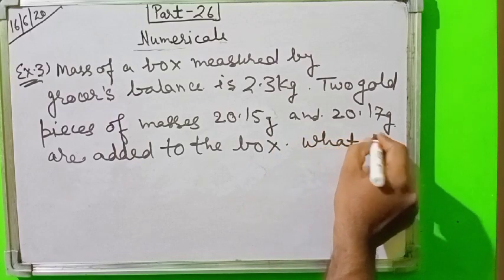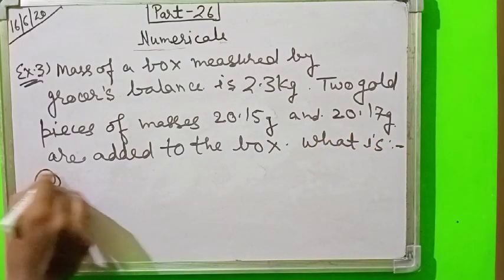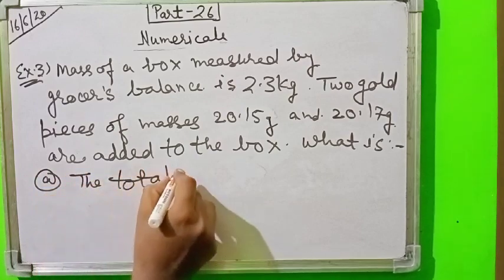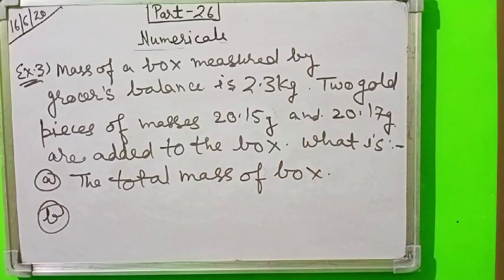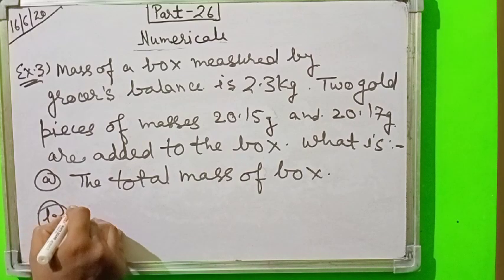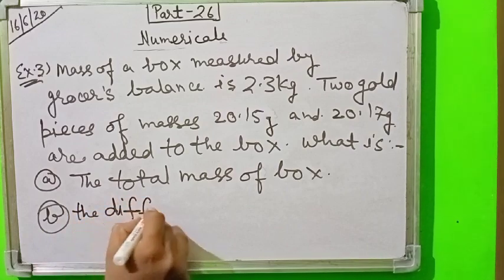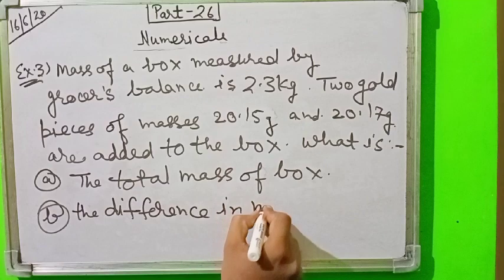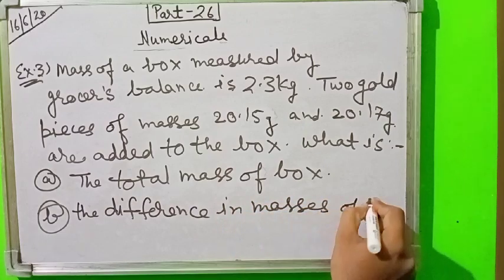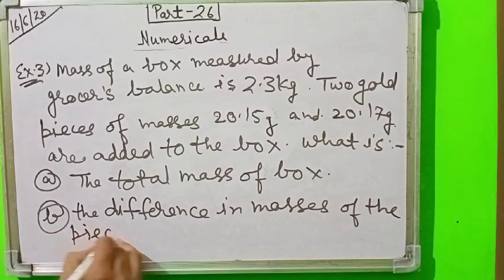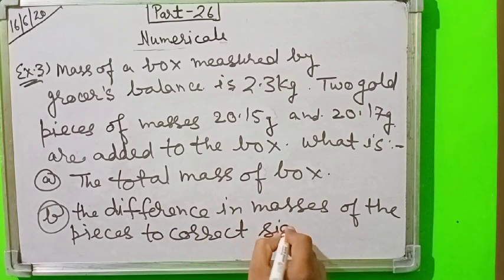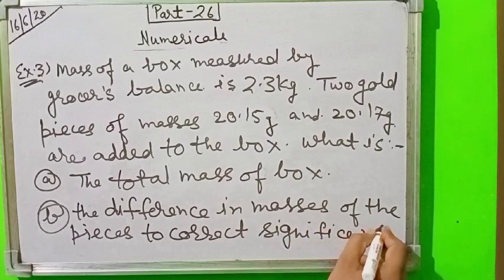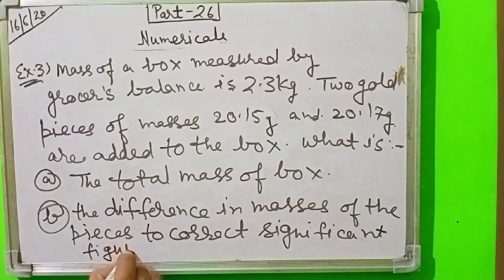What is A, the total mass of box, and B, the difference in masses of the pieces to correct significant figures.